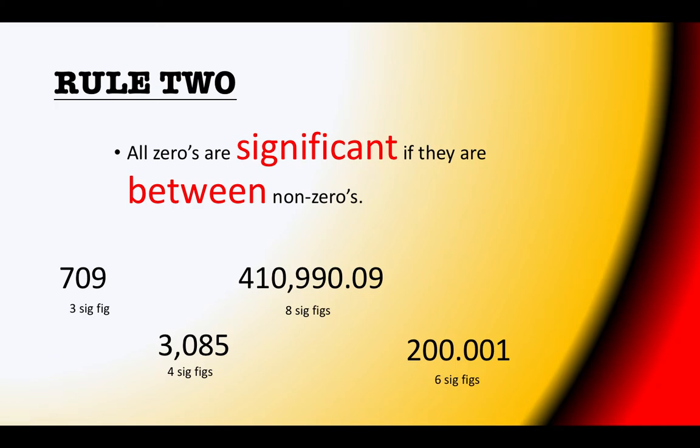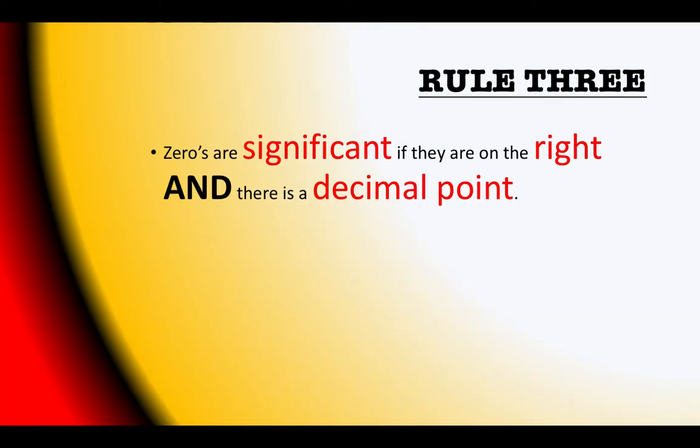Rule 2: all zeros sandwiched inside of non-zeros count. Rule number 3: zeros are significant if they're on the right-hand side of a number and there is a decimal point. Both of those things have to be present.